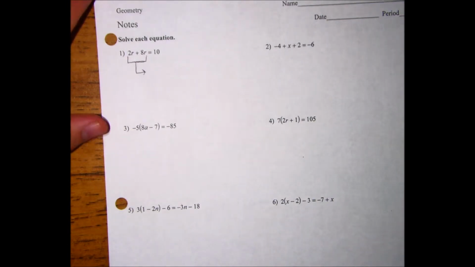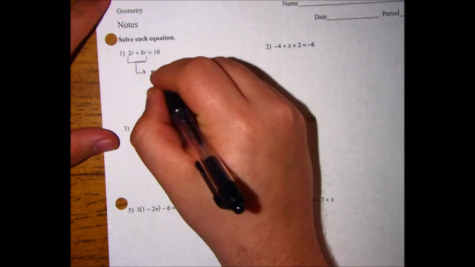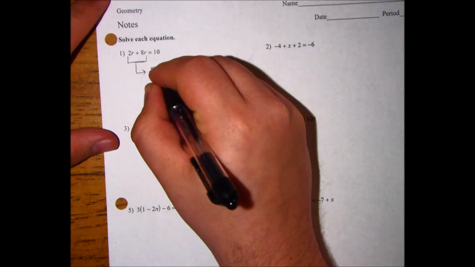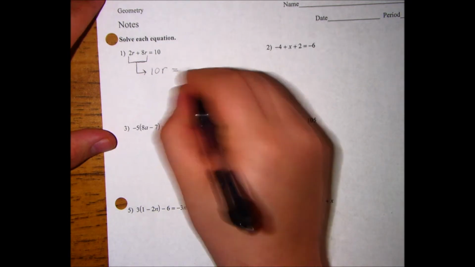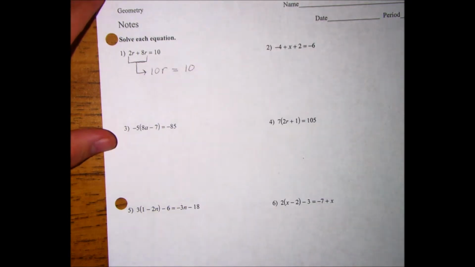So they are like terms and we can just add them. So we get 2 plus 8, which equals 10, 10r, which we're just going to go ahead and bring down our given 10. So we have 10r equals 10.